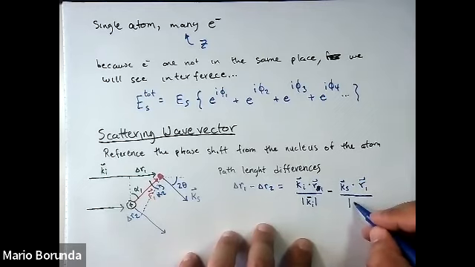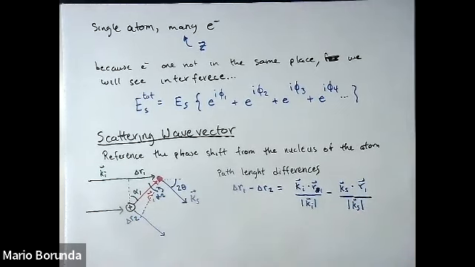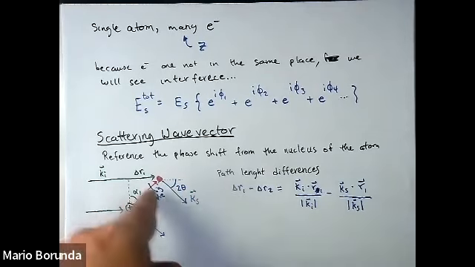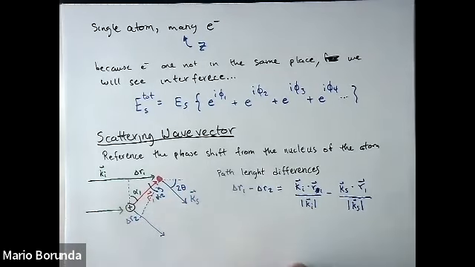And then this one is over the magnitude of the scattered wave vector. So now I have both the length of this guy and the length of this guy. That would be the path length difference between those two guys when they reach the detector, which is going to be a long, long way off in this direction.